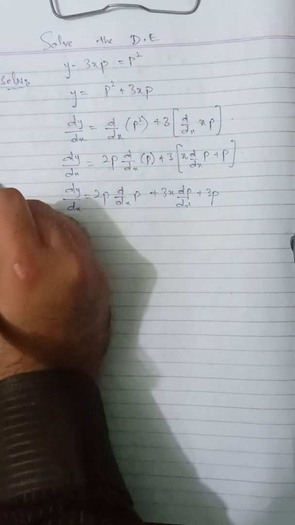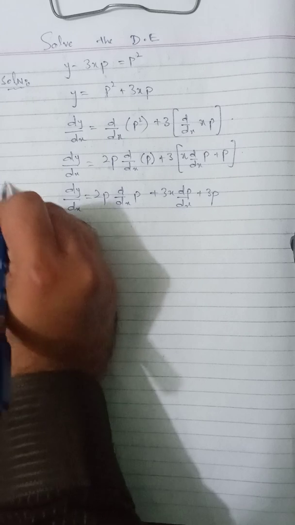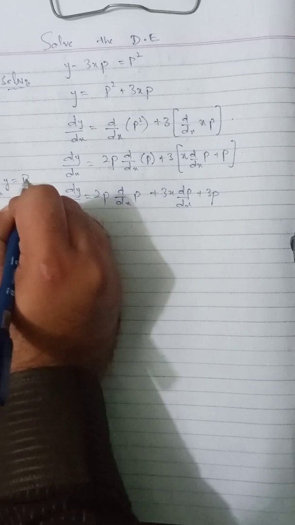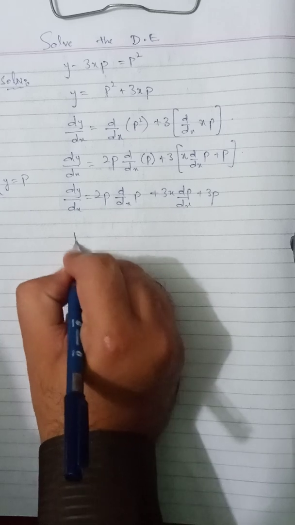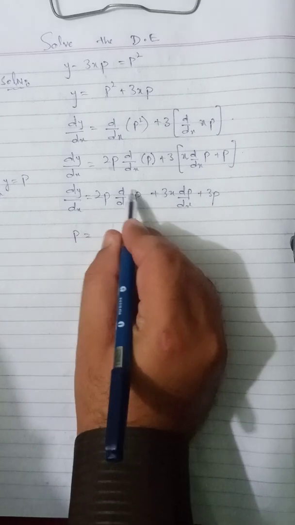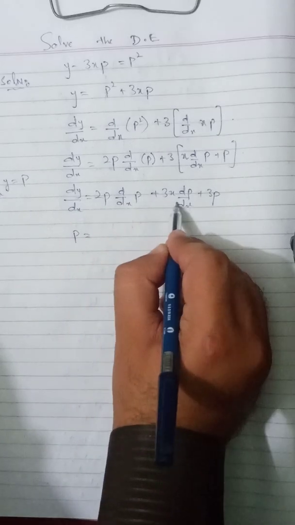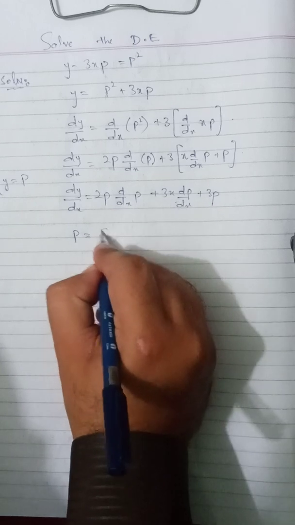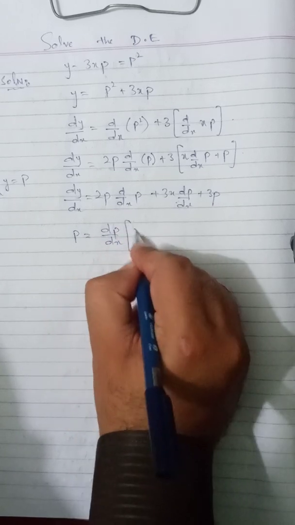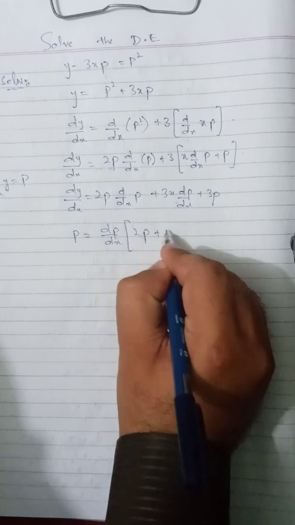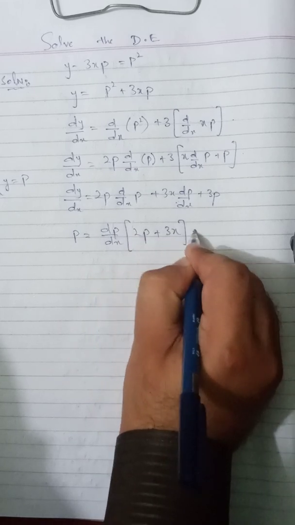Now we know that dy by dx is equal to p, so it is p. And here dp by dx is common in these two terms, so it will be dp by dx times (2p plus 3x) plus 3p.